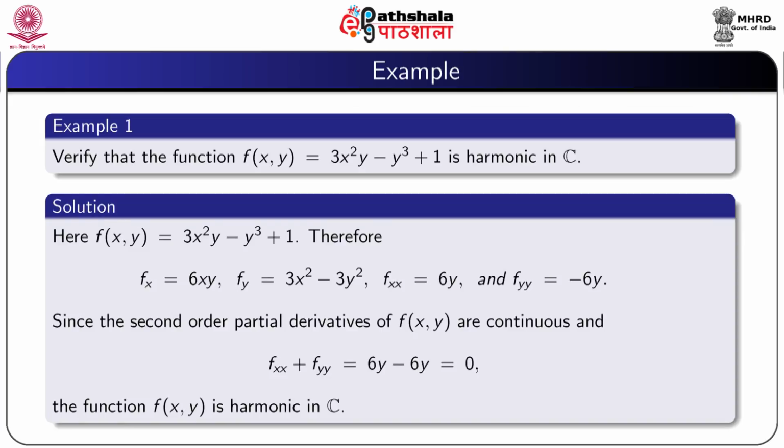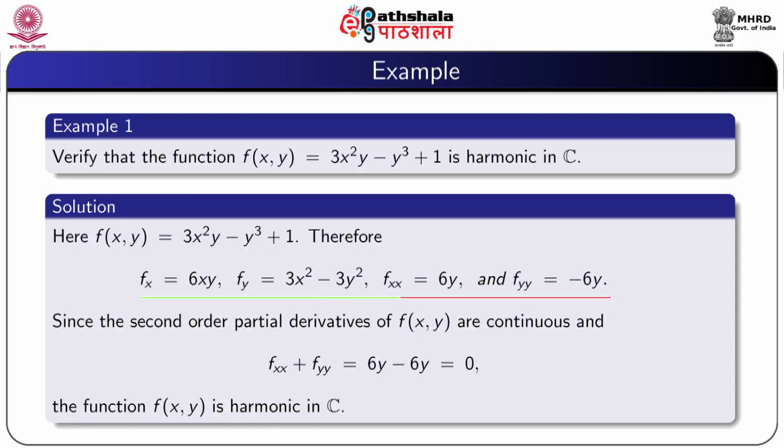So, here the function is 3x²y minus y³ plus 1. Differentiating partially with respect to x and with respect to y, we obtain fx equal to 6xy, fy equal to 3x² minus 3y².